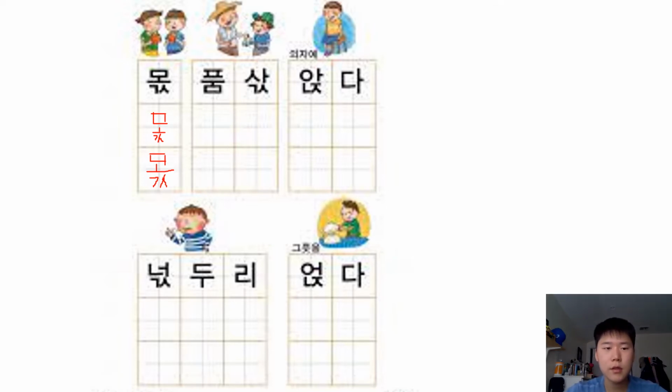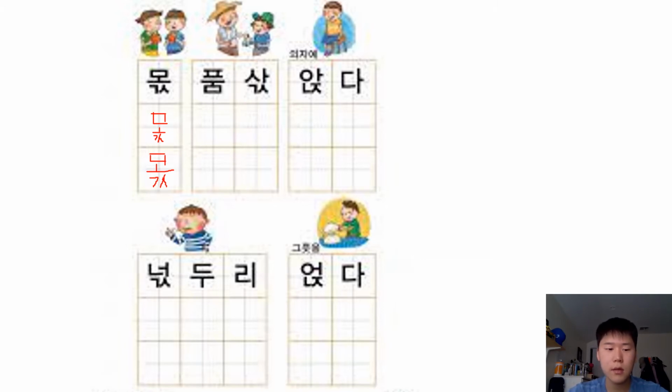And this is to share, right? This word means to share. And then let's try 품삯, right? That means wages. Like, let's say this kid worked for this man, and then this man has to pay the wage, or pay the price for this kid working for him, right? So that is what a wage is.